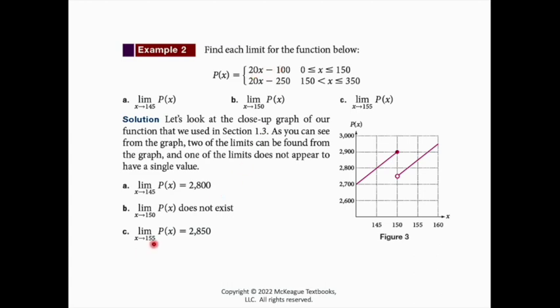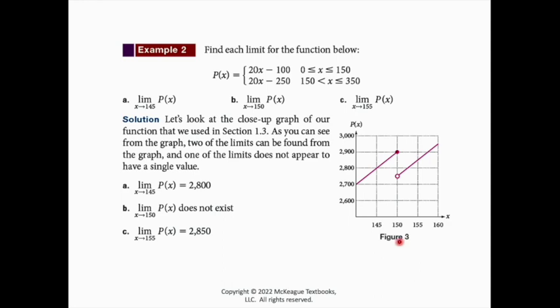As we approach 155, 155 lies on this piece of the graph, which lies between 150 and 350. So we want to use this piece of the graph. So I would plug in 155 in here. So I would take 20 times 155, subtract 250, and that's where I get the 2,850 from.